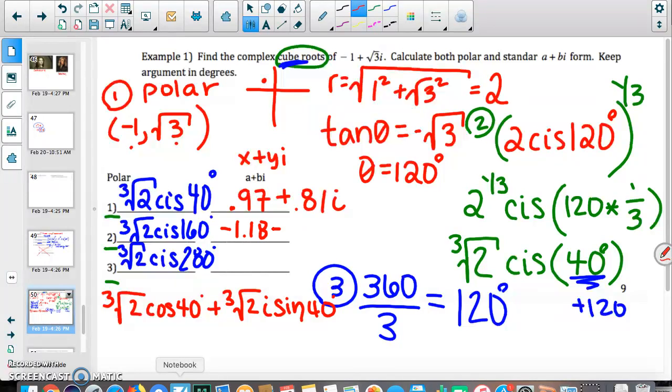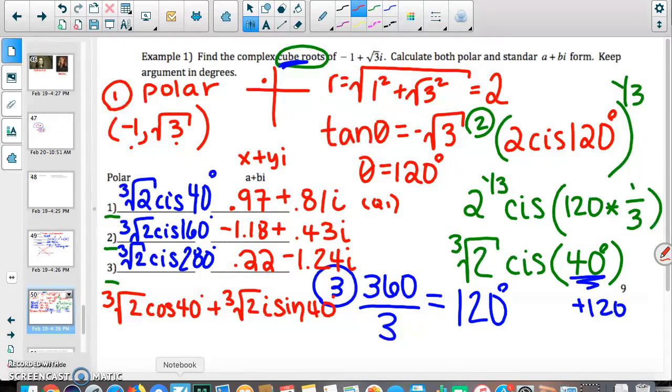And I would double check that you can get these answers. But following the same process, you should get these solutions. So your first answer, it looks like it's in quadrant 1.